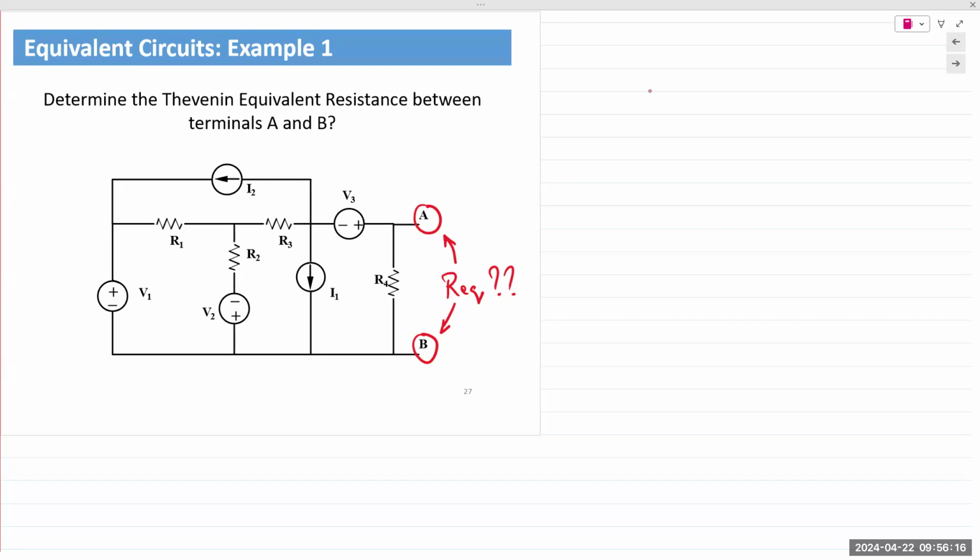All right, so here you got R1, R3, R2, and then you have R4 at the far end.